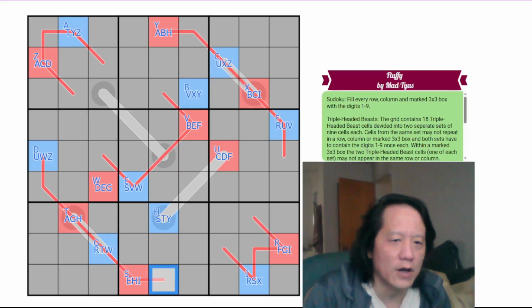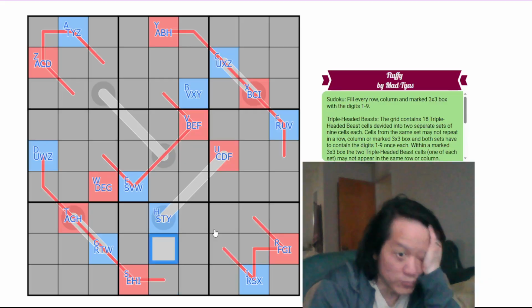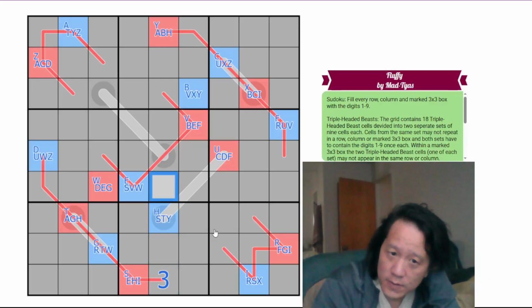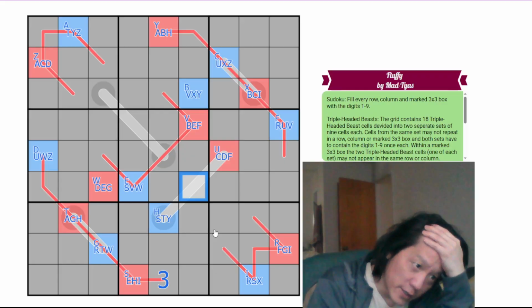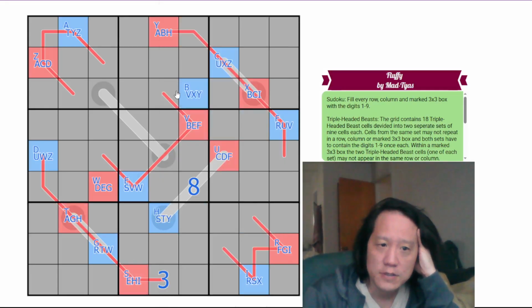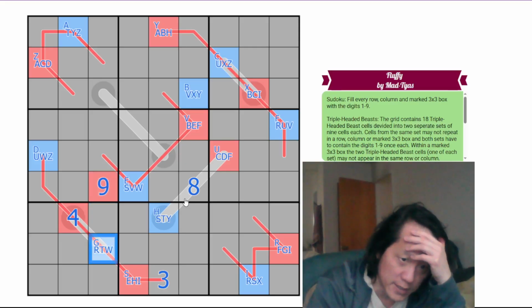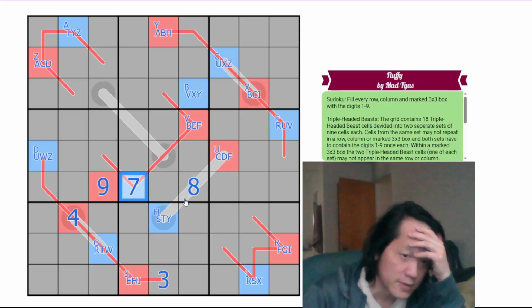So again, oh, the reason is because this would be 3 at least, if this is 1, 2, 4. We tried 8 here. So this is 7, 1, 2, 4. This is 3. We have this being 12. This is at least 21. This is 4, though. So this must be 4, 8, and 9. Obviously, this can't be 8. So this is 9. This would have to be 7, then.